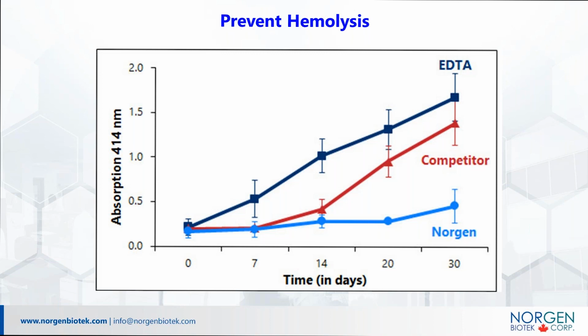You can see that the hemoglobin levels in the plasma recovered from Norgen tubes remain fairly constant, whereas other tubes like EDTA started showing, after 1 to 2 days, increasingly very high levels, which means that most of the cells were degraded and the hemoglobin was released.